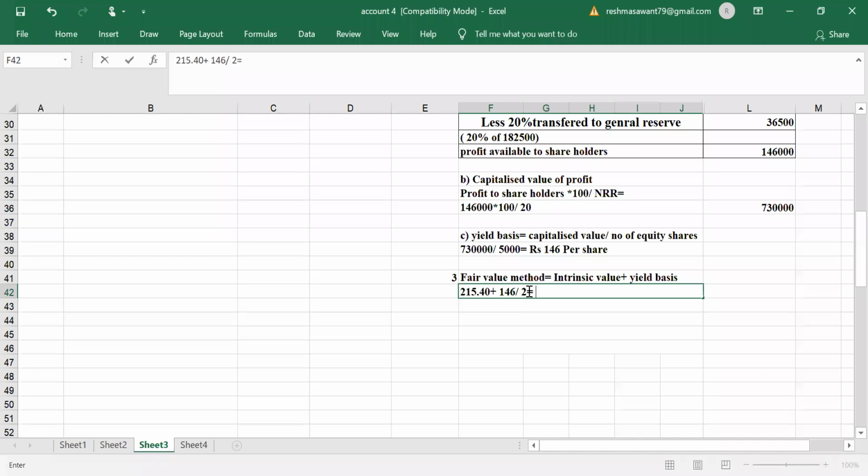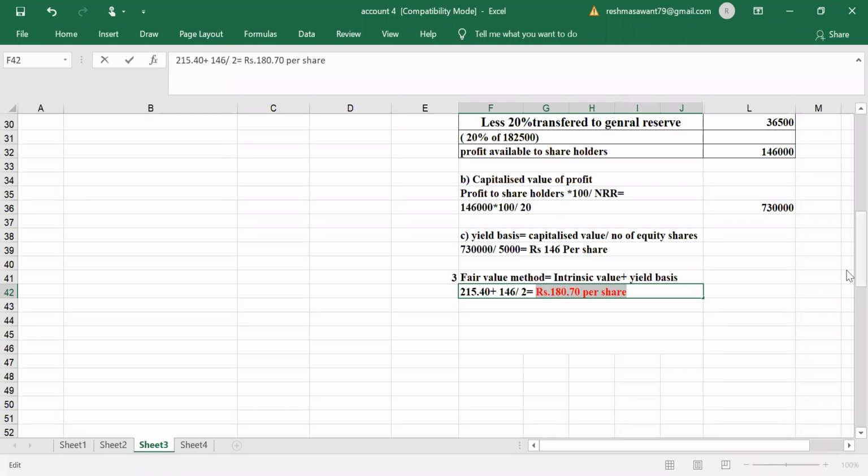Your answer will be fair value per share, rupees 180.70 per share. So this is your last answer, the calculation of per share.